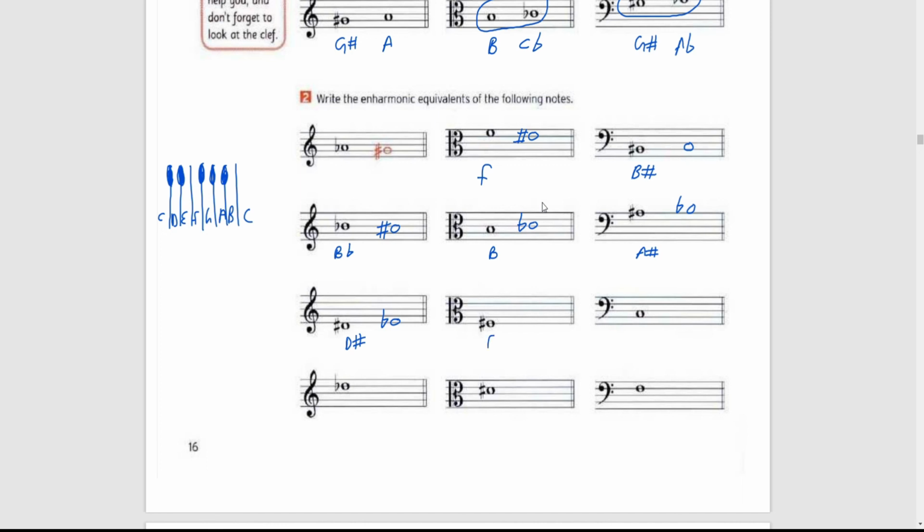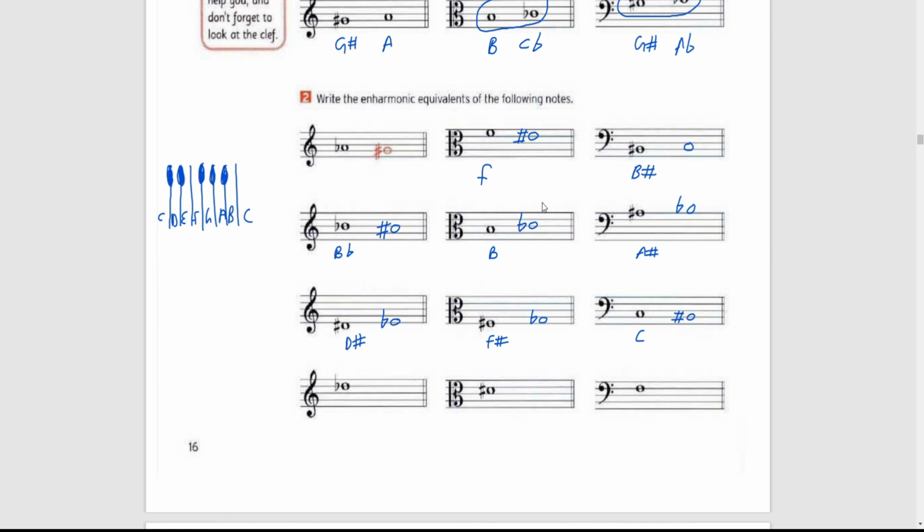So F sharp can be G flat. So we make it as G flat. Okay, next one is here. This is C. Now C can be B sharp. So we make it B sharp.